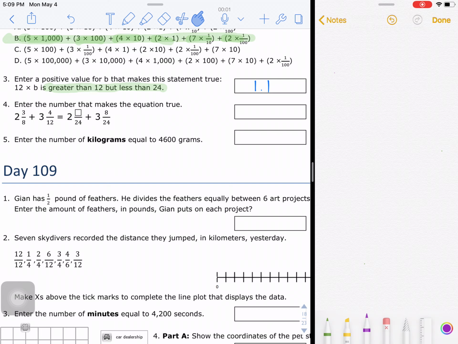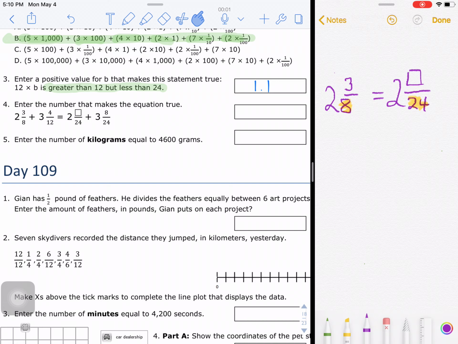So what I need to do is make 2 and 3/8 equivalent to 2 and how many 24ths? And the question that I always ask myself is, how do I get, so I take what they give me. They give me the denominators here, okay? And how do I get from 8 to 24?